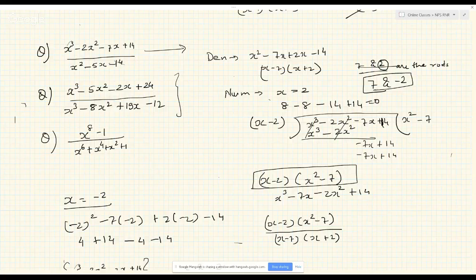The question was x cubed minus 5x squared minus 2x plus 24. Would anyone solve the second one?